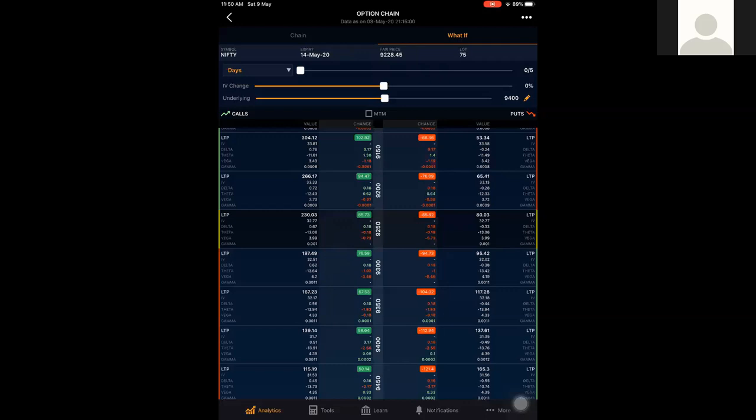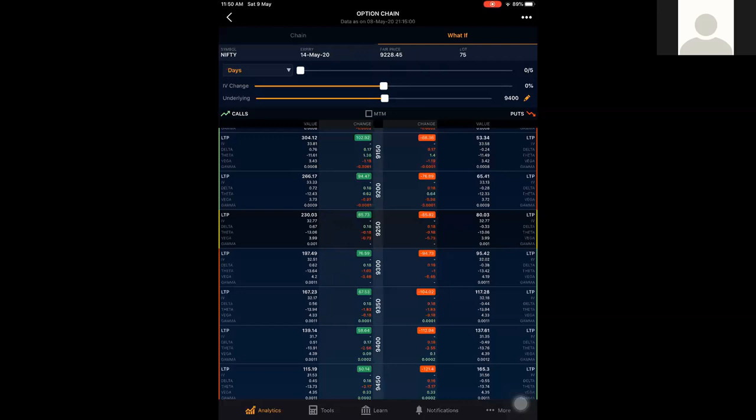Then your vega is minus 0.46, because your intrinsic value is increasing and the extrinsic value is decreasing. So your vega is reducing because you are going more towards in the money. This way your Greeks position will also help you see how the change is happening.